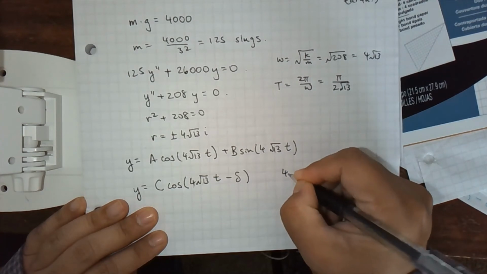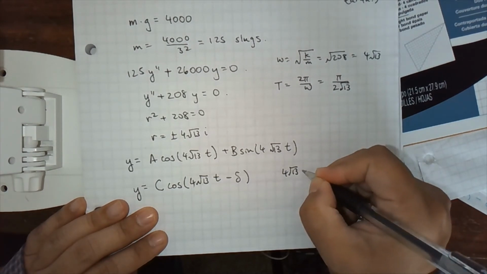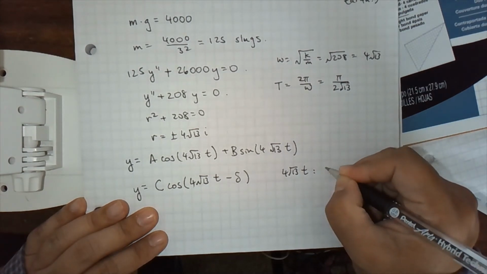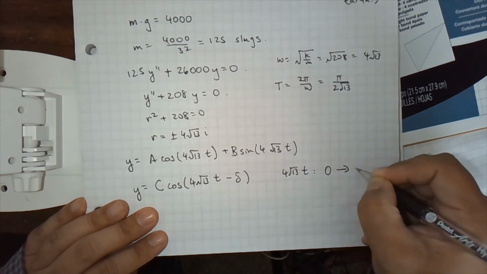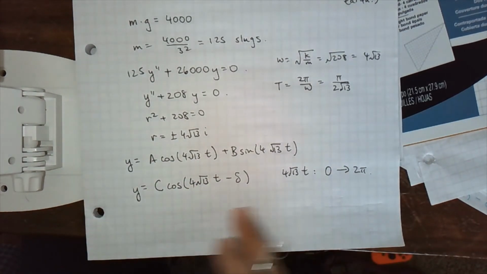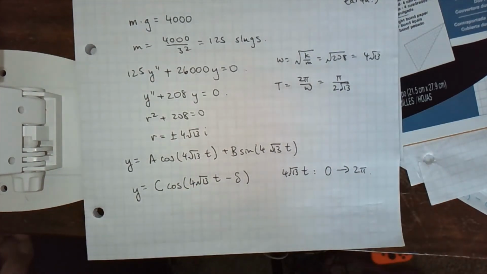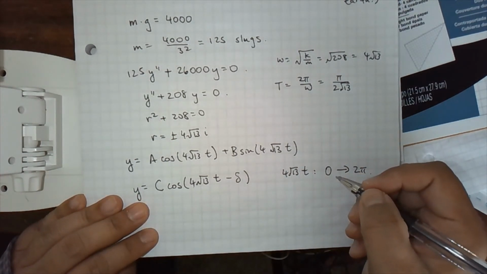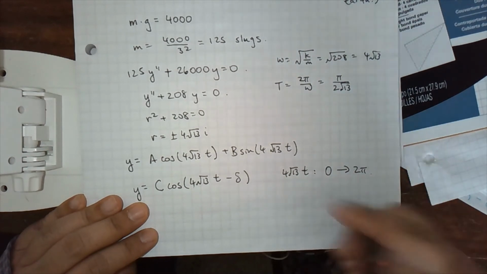I don't have anything about the period memorized in general when I'm graphing sines and cosines, but for cosine of 4 root 13 t, the argument has to go from 0 to 2 pi. Because then 4 root 13 t minus delta will go from, I guess, negative delta to 2 pi minus delta. So that's still one whole period. That's a 2 pi length period. Which means I can divide everything by 4 root 13.